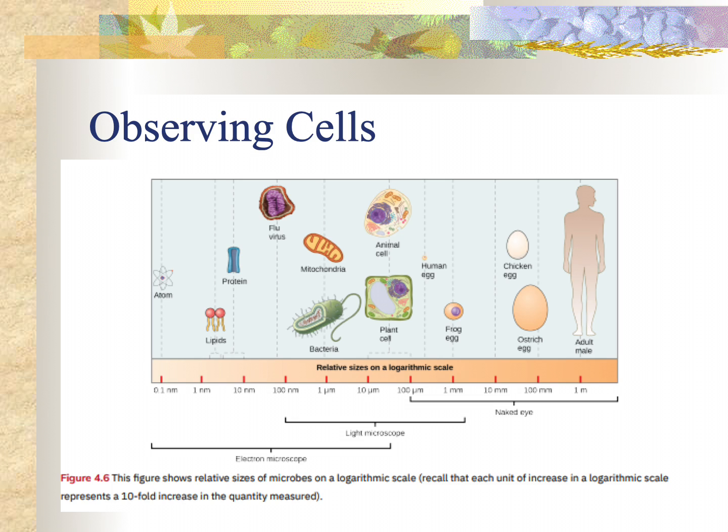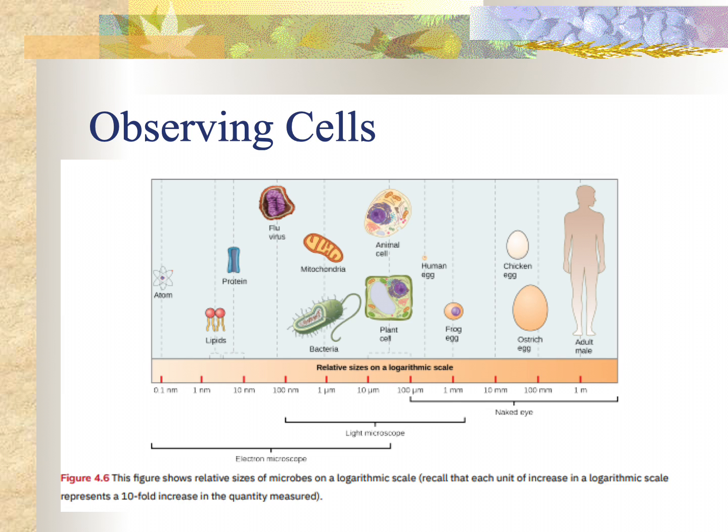And so here we see, okay, with the eye, you can see things to the size of maybe human eggs or frog eggs. You can't really see much detail. But with the light microscope, you can get down to much finer details. And then we can even use electron microscopes to see much smaller things, even large molecules and viruses.